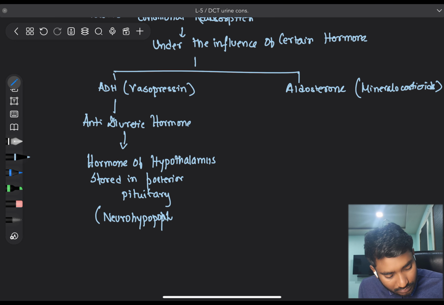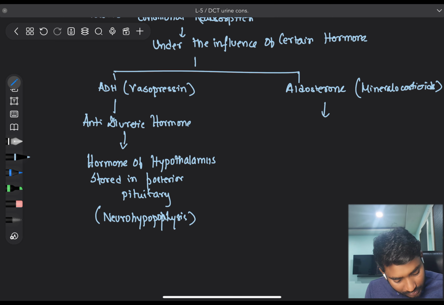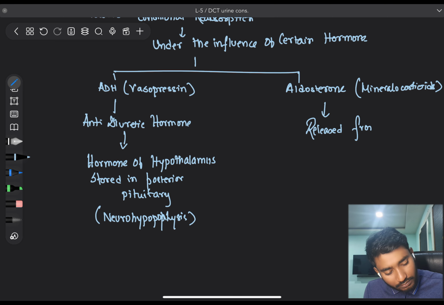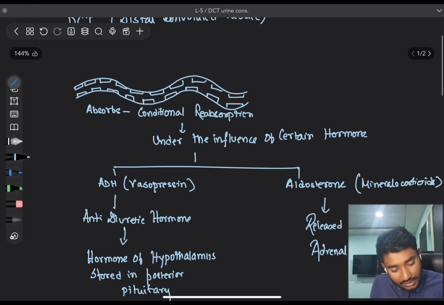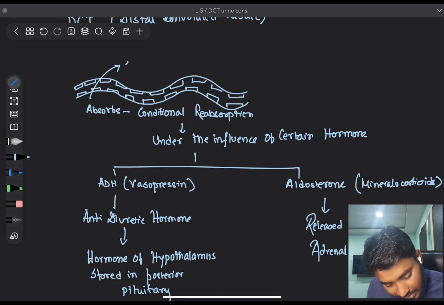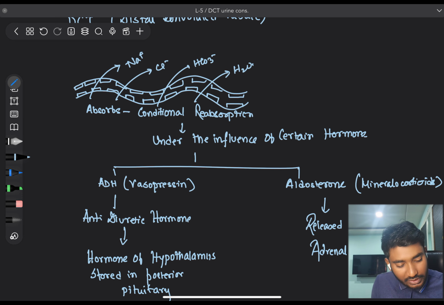Okay, now aldosterone is a hormone released from the adrenal cortex. Okay, here you can say it can permeate sodium, chlorine, bicarbonate, and conditional absorption of H2O. Okay, it's a conditional absorption of H2O.